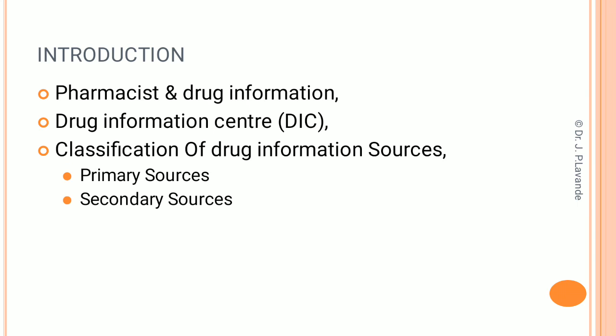The information regarding the drugs can be broadly classified into two categories: primary sources and secondary sources. Primary sources are those sources which contain the original reports of scientific, technical or professional investigations.